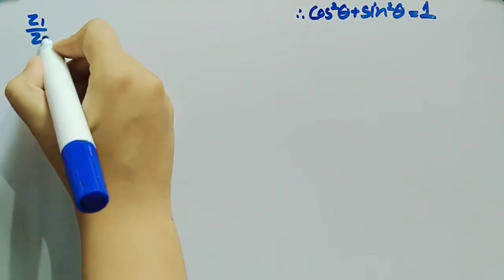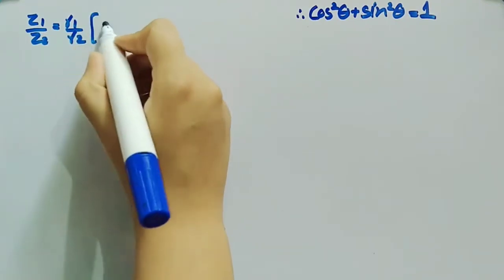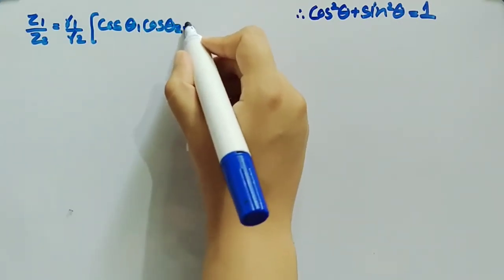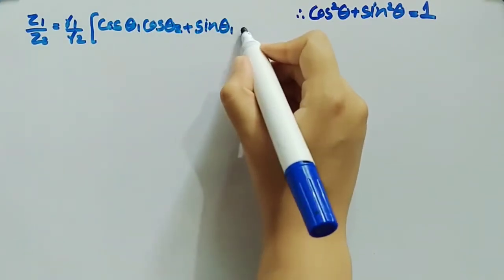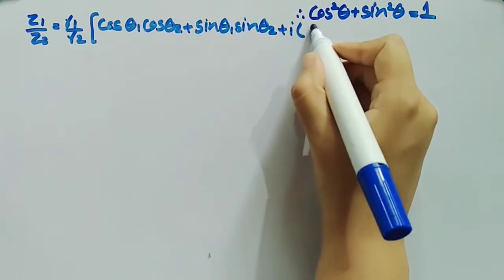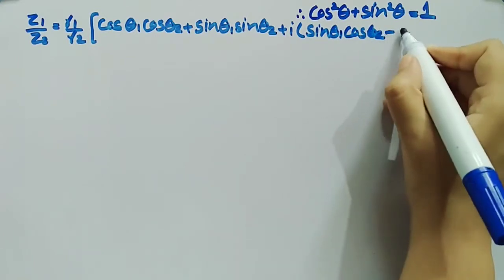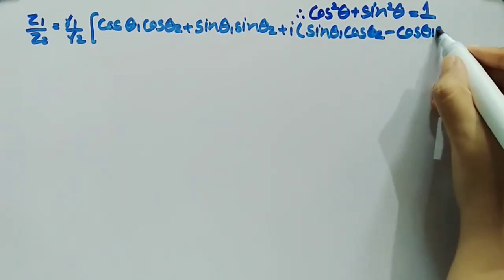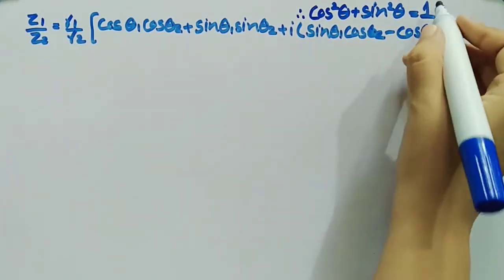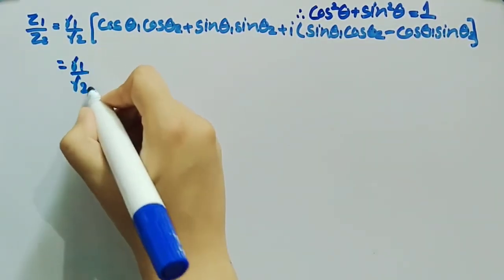z1 divided by z2 is equal to r1 divided by r2 times cos theta 1 cos theta 2 plus sin theta 1 sin theta 2 plus iota sin theta 1 cos theta 2 minus cos theta 1 sin theta 2, and the denominator will be equal to 1, so we will not mention it, and it is equal to r1 divided by r2.